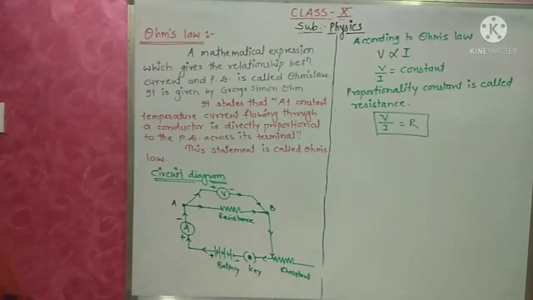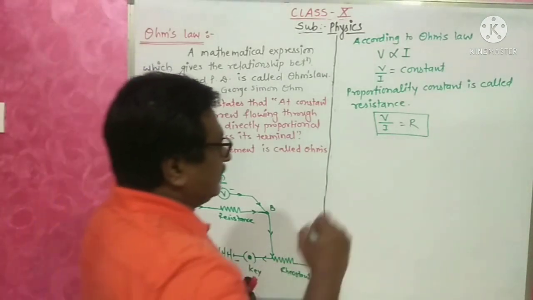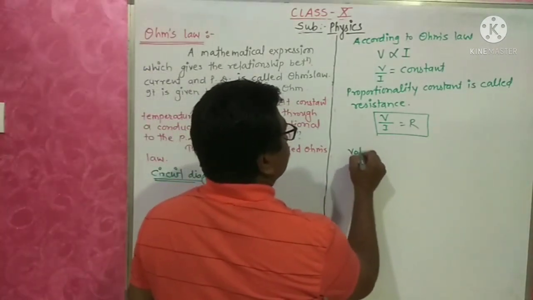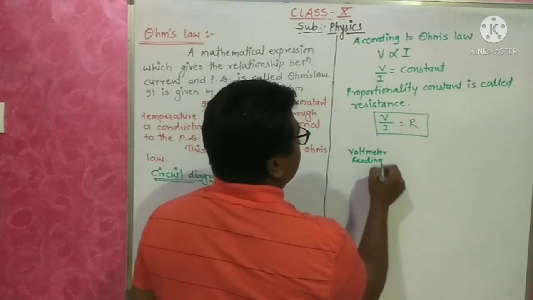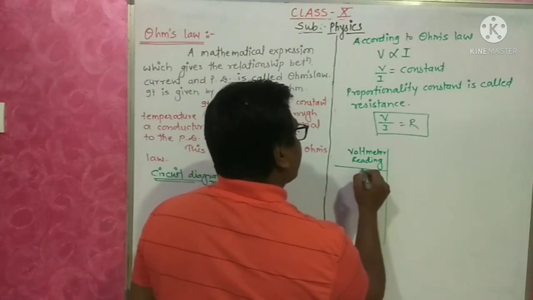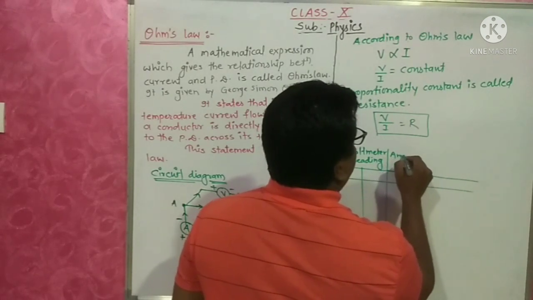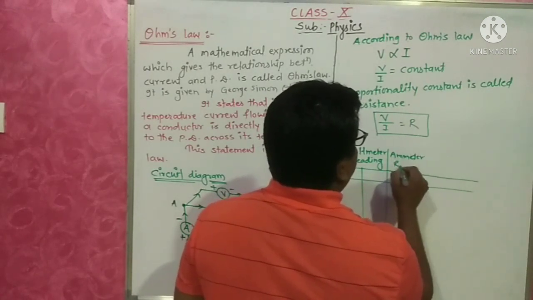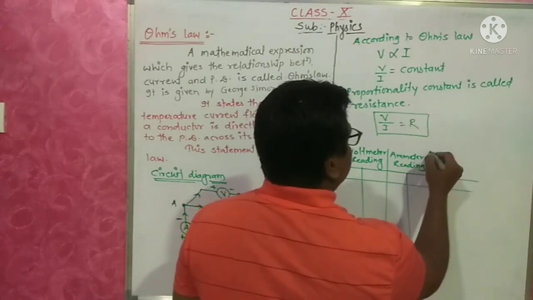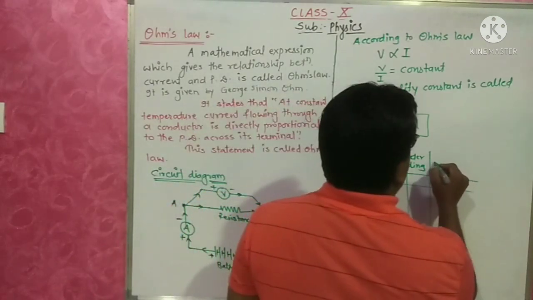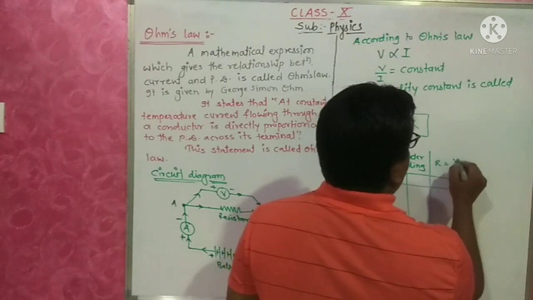In the lab manual, a table is given: voltmeter reading, ammeter reading, and here R equals V by I.